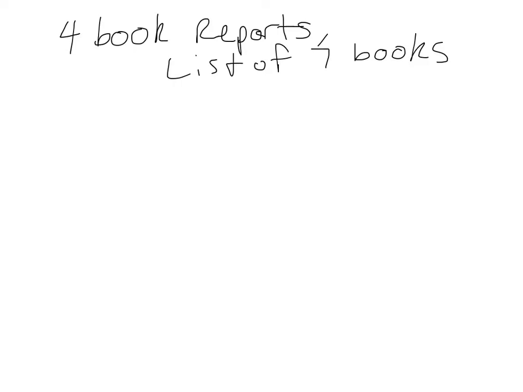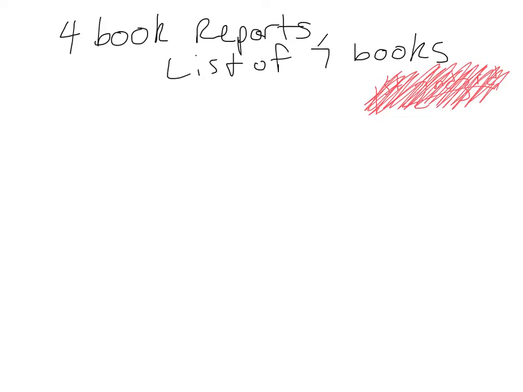So as long as you do 4 book reports, you're okay. She does not say that you have to do a particular book first, second, or third. She just says, hey, do 4 of them, 4 books out of the 7. So order doesn't matter. What matters is the fact that you have any combination of the 4 book reports from the list of 7 books.